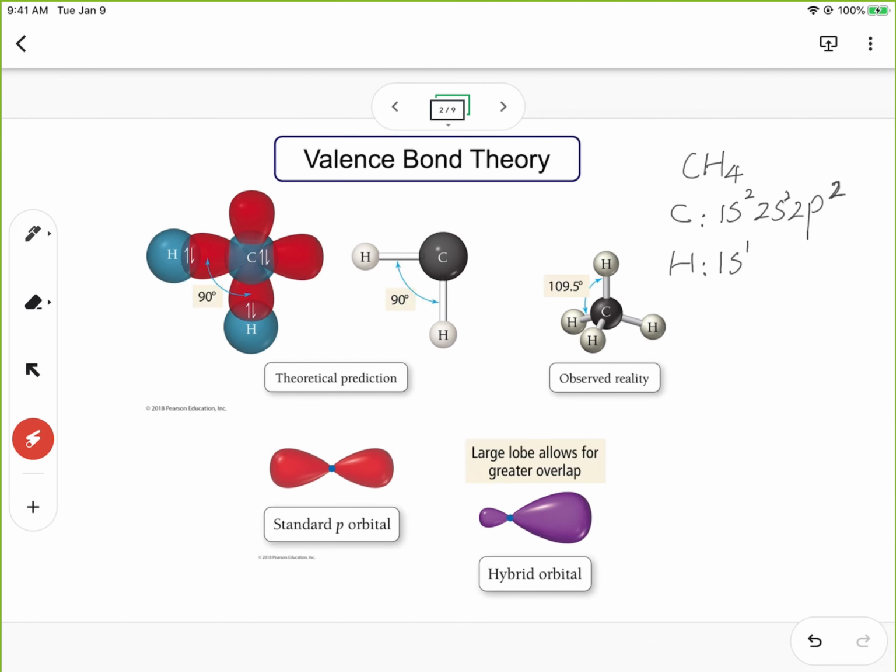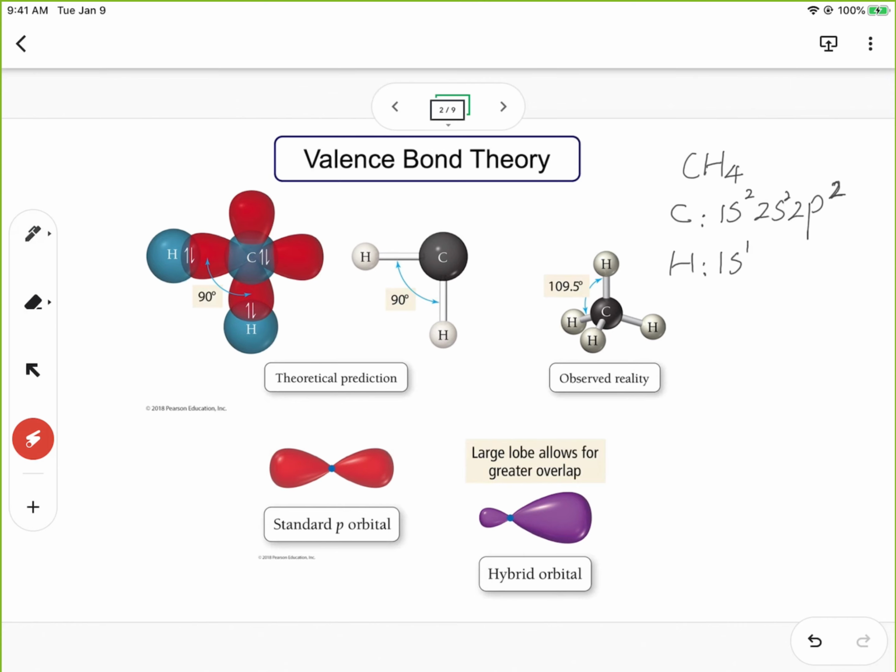However, we know that in CH4 the bond angle is not 90, it's 109.5. So how do we explain this? Well, the valence bond theory can help us explain why the bond angle of CH4 is 109.5 instead of 90.